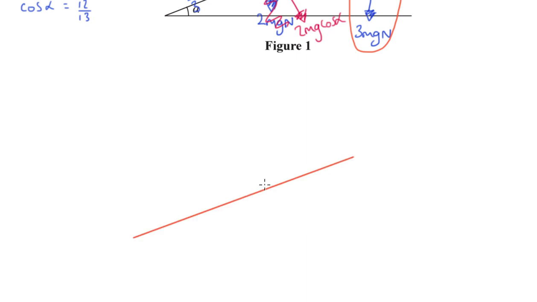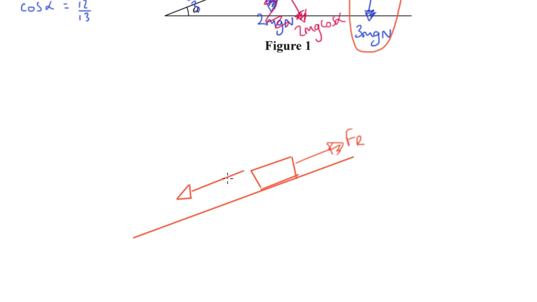It will have the tendency to fall down the plane. So even though the block is initially moving upwards, it will want to move down the plane. But whether it will or not will depend on the friction acting this way.